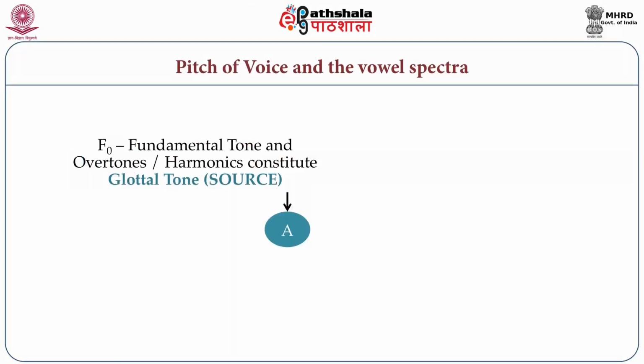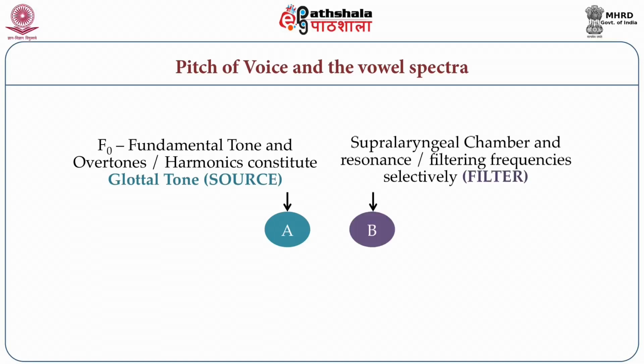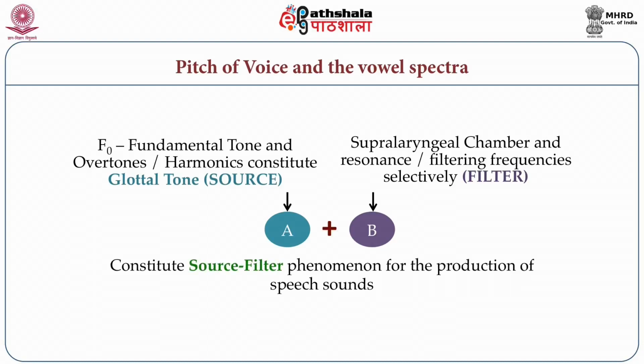But the pitch, meaning the fundamental tone and overtones or harmonics which constitute glottal tone, that is the source, and the supralaryngeal chamber and resonance, what is happening as F1, F2, F3, that is the filter. So, A and B together constitute source filter phenomena for the production of speech sounds.